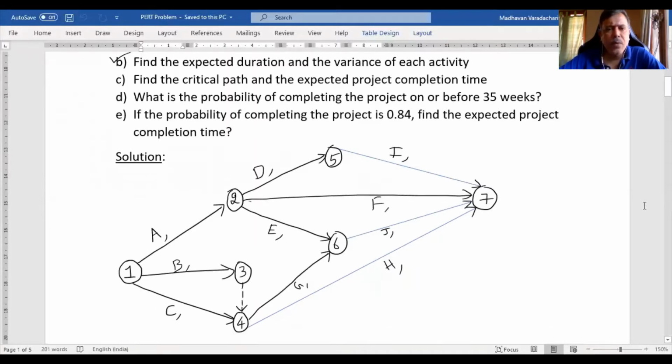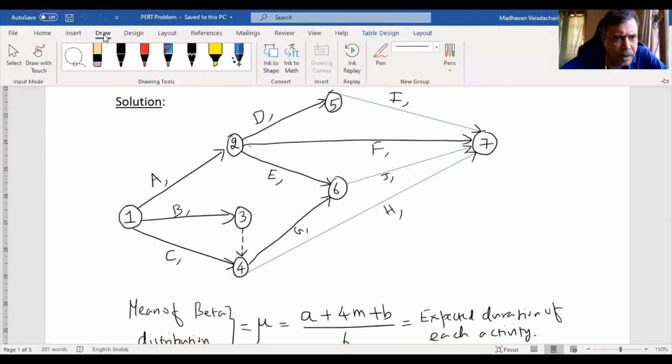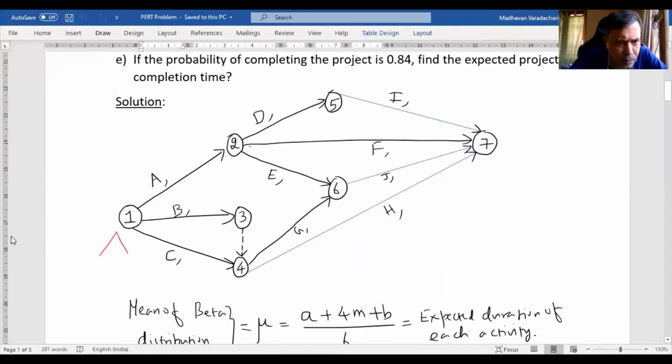So for filling these up, we create a home-like structure at each node. Let me just use a different color. This is for node 1. There is a triangle I have drawn, and then there is a rectangle I'm drawing.